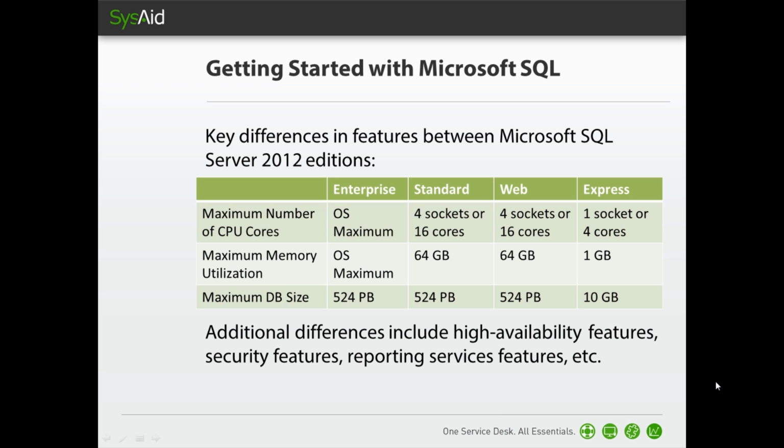The Web edition has similar capabilities. However, there is a difference between Standard and Web edition in terms of licensing. You would purchase a Web edition for running a website, if you need a database to run a website off, and Standard would mean storing data related to applications.